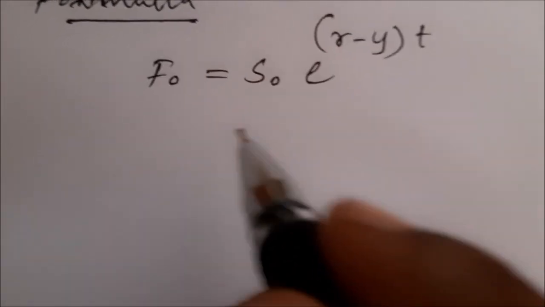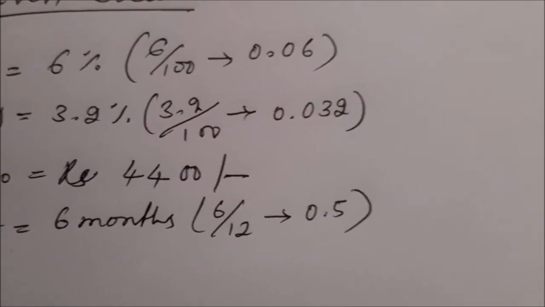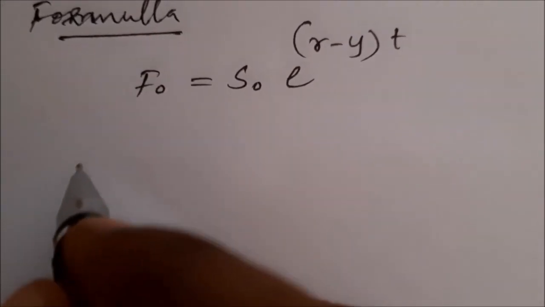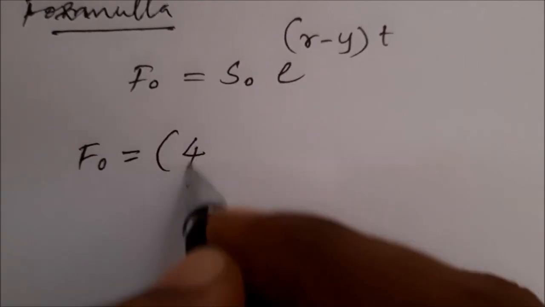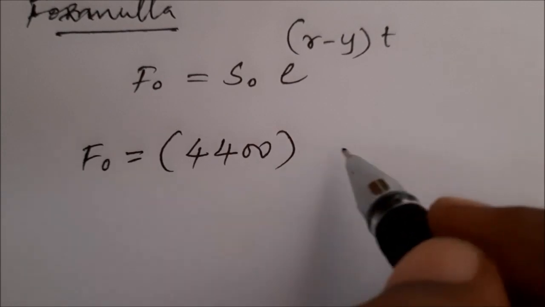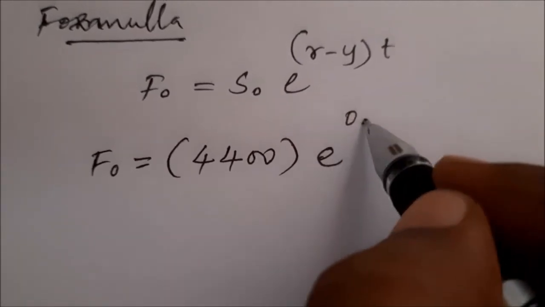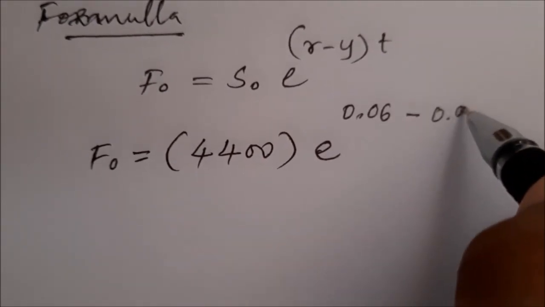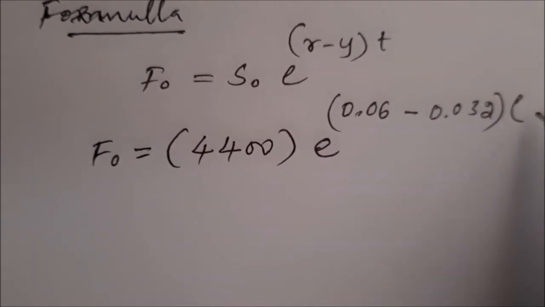The formula is the same. F naught is equal to S naught e to the power (r minus y) into t. F naught is equal to 4,400 into e to the power, r that is 0.06 minus y 0.032, and t is 0.5.